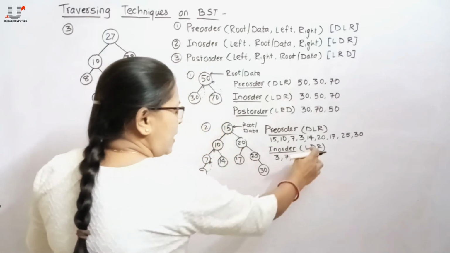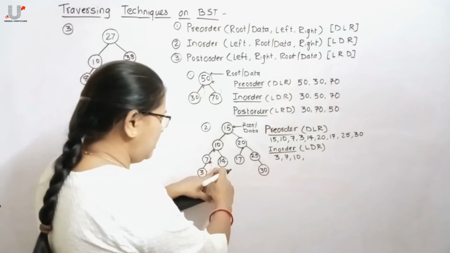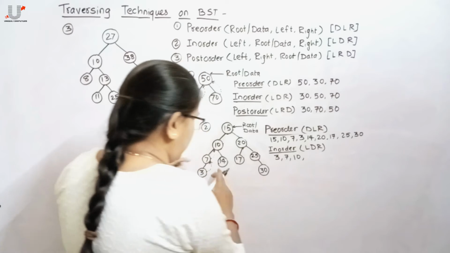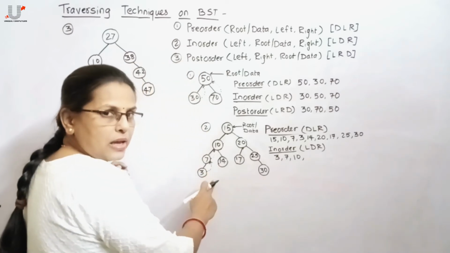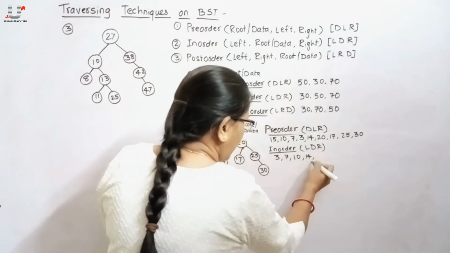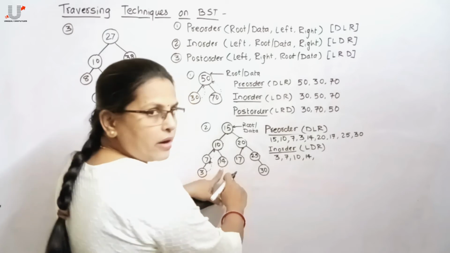After displaying, apply R. It has an unprocessed right child, that means 14, so for that 14 apply LDR. As no left subtree is there, data itself, that means 14 gets processed. After processing, it will check for the right subtree.